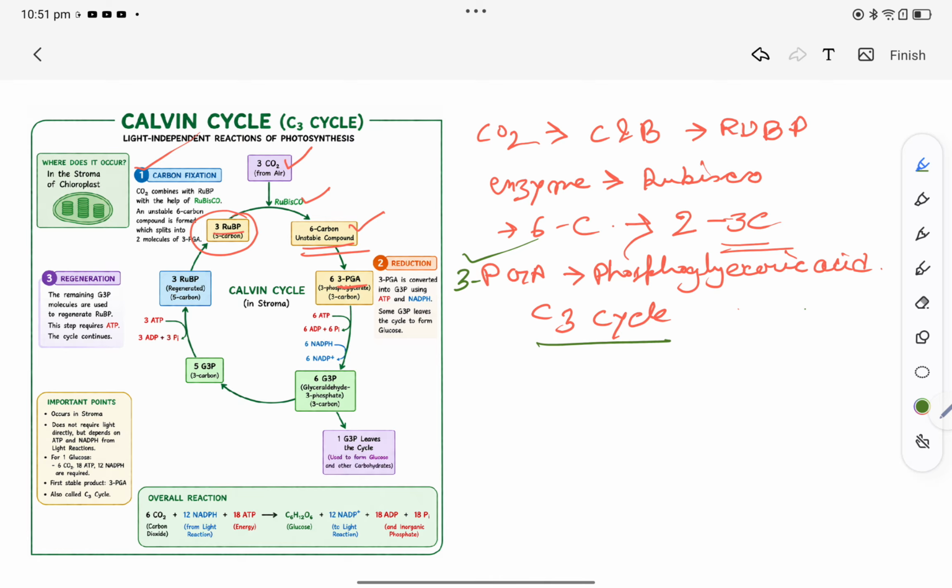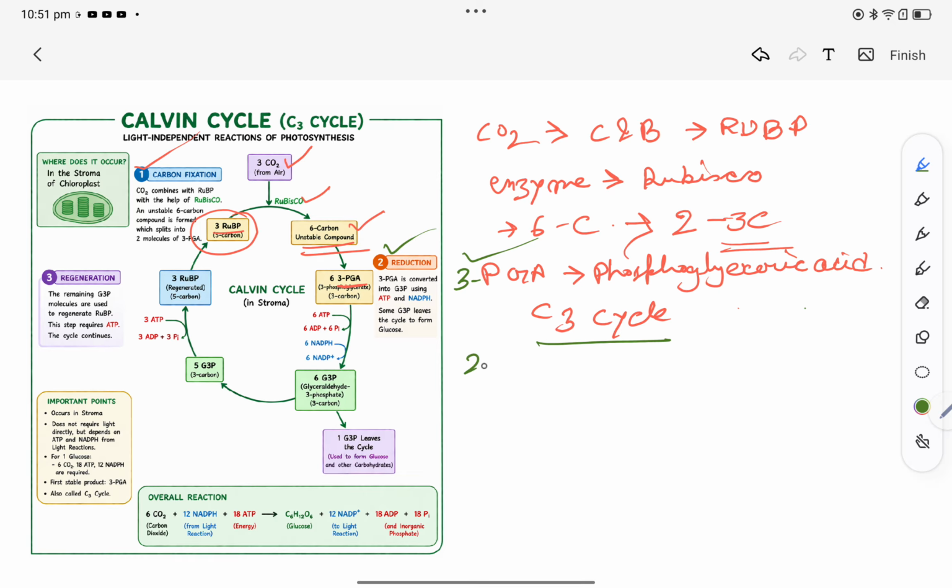After this, what happens? Reduction takes place. Our second step is reduction. In reduction, 3-PGA forms G3P, that is glyceraldehyde 3-phosphate.